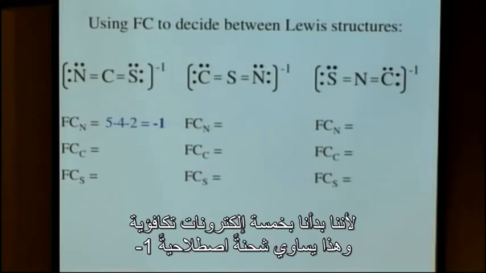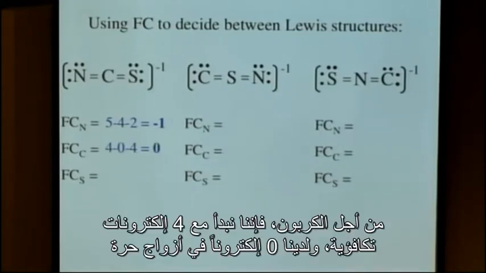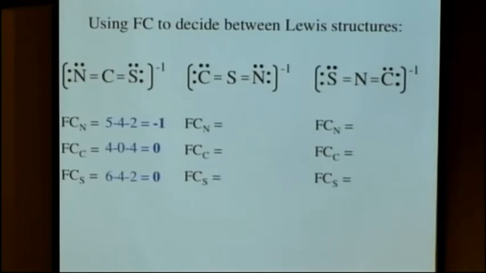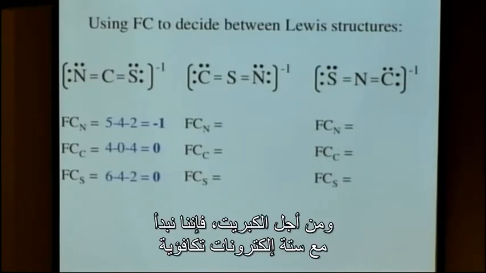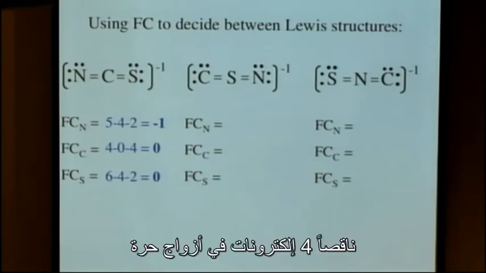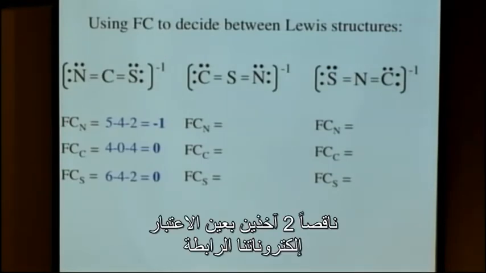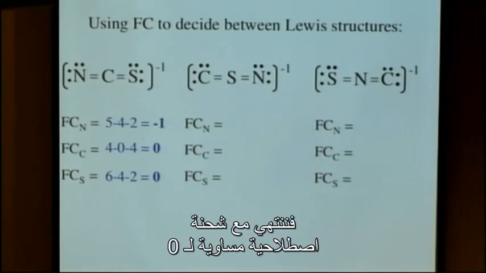So that is a formal charge of minus 1. For the carbon, we start with 4 valence electrons. We have 0 lone pair electrons, minus 4, and we end up with a formal charge of 0. For the sulfur, we start off with 6 valence electrons, minus 4 lone pair electrons, minus 2, taking into account our bonding electrons, so we end up with a formal charge of 0.